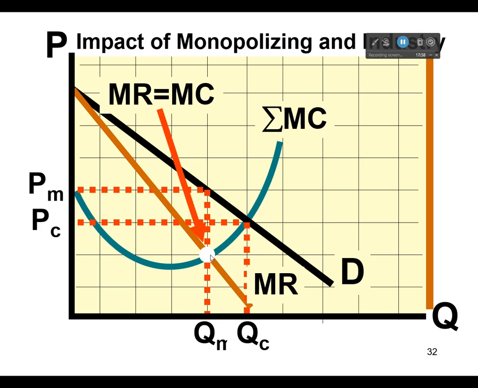You can see here, here's where a perfectly competitive firm would produce in a market. Here's where the monopolist produces. Okay. So more output gets produced by a perfectly competitive firm than a monopolist. The price that a monopolist charges is higher.